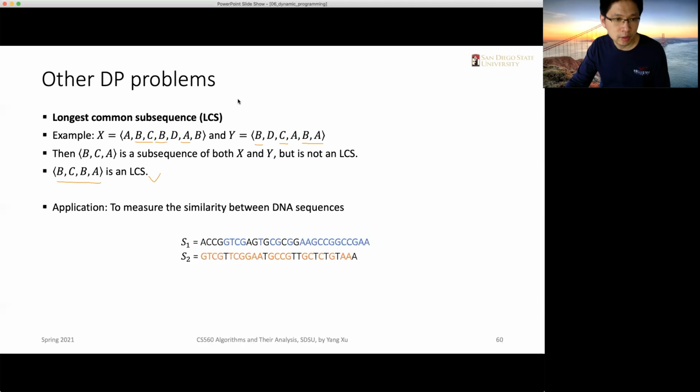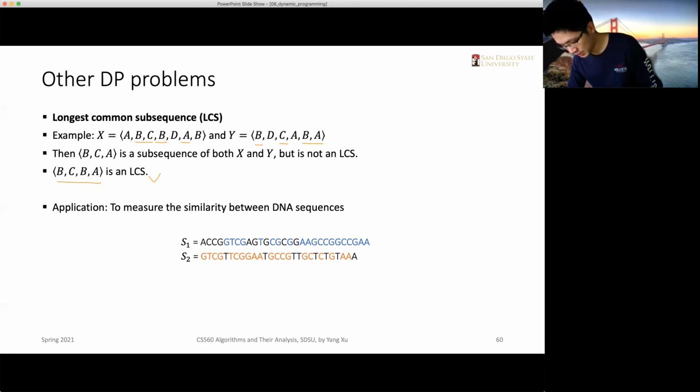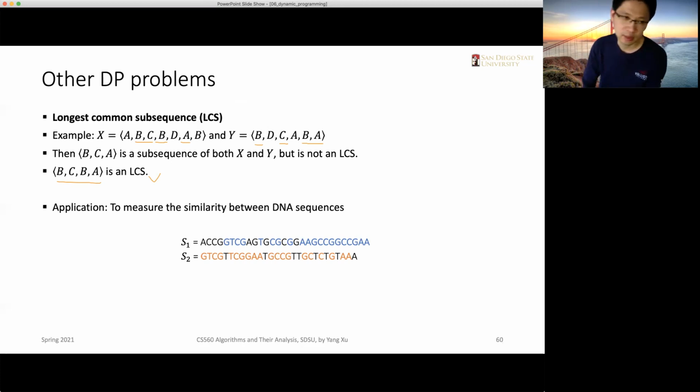So in the most common case, we want to know what is the longest common subsequence, right? Because the longest common subsequence would be a good indicator of similarity between two sequences. This method is usually used to measure the similarity between DNA sequences.